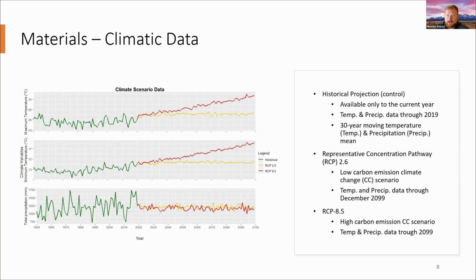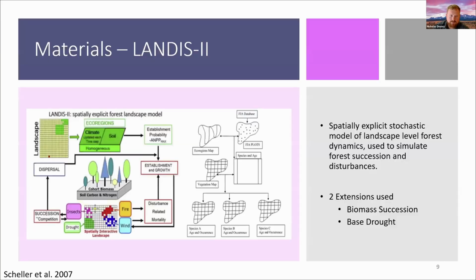Therefore, we used a 30-year moving monthly temperature and precipitation average to replicate data from January 1991 to December 2020 through 2099. For the low emission and high emission climate change scenarios, we used historical data up to 2020 to provide each simulation scenario with the most realistic spin-up period as possible.